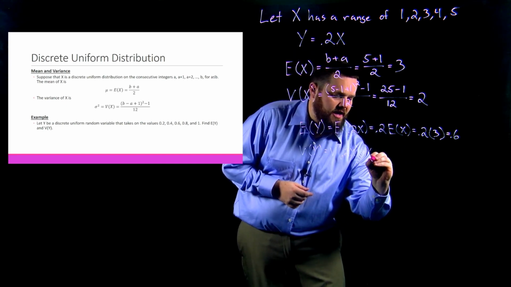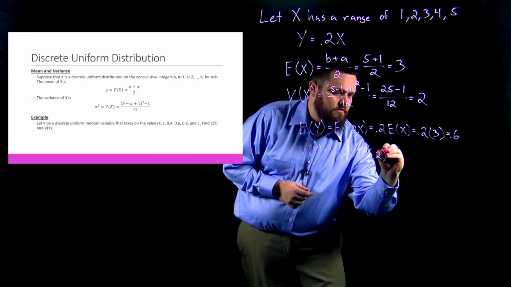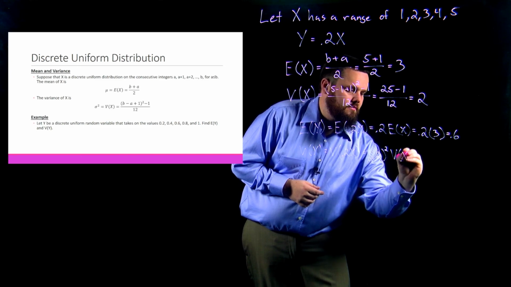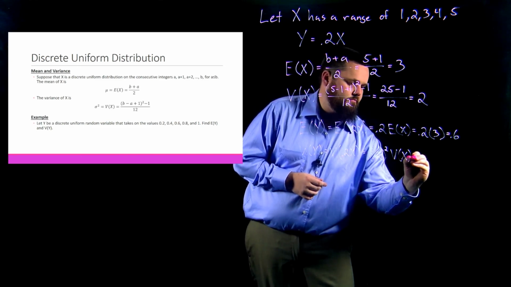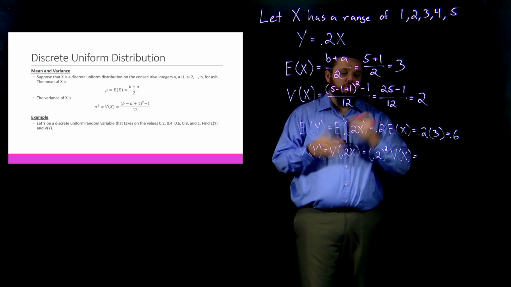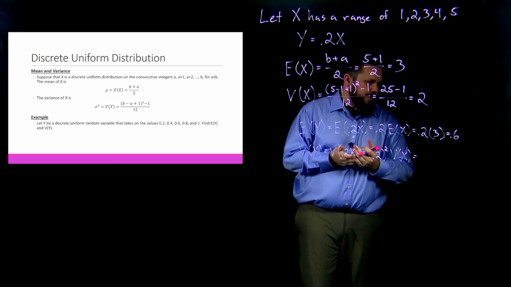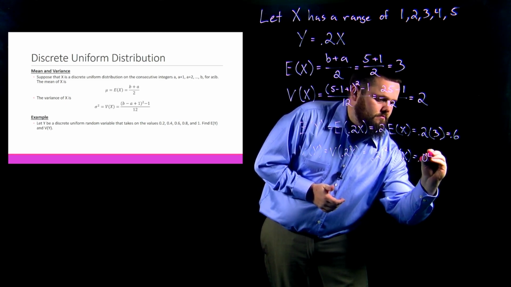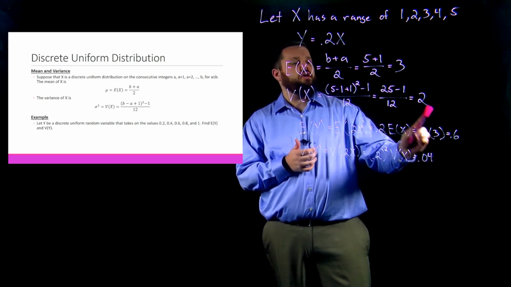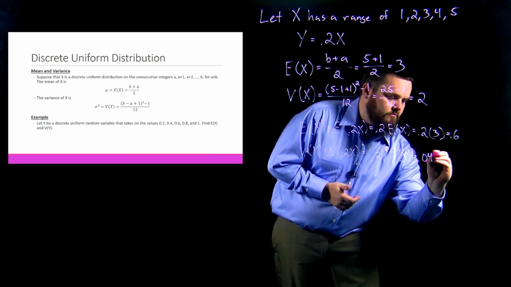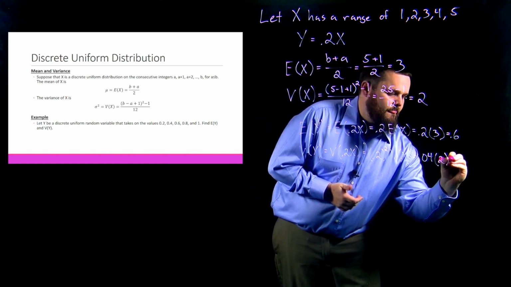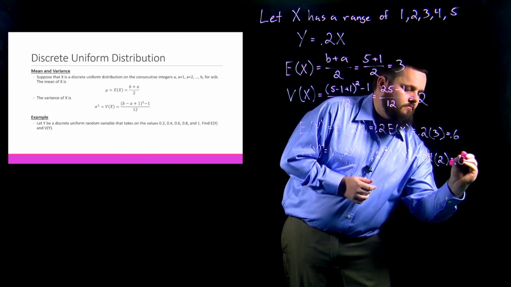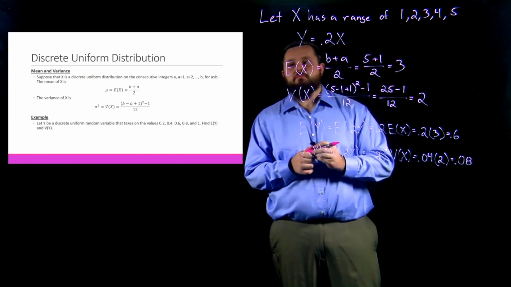So we're going to have 0.2 squared times the variance of x. So 0.2 squared is going to get us 0.04. So 0.04 times the variance of x, which we previously found to be 2. So 0.04 times 2 is going to get us 0.08.